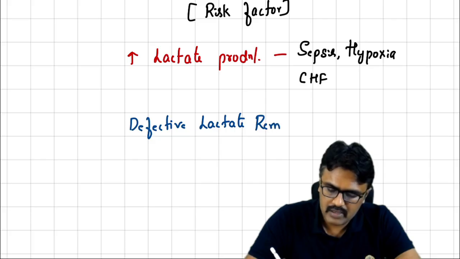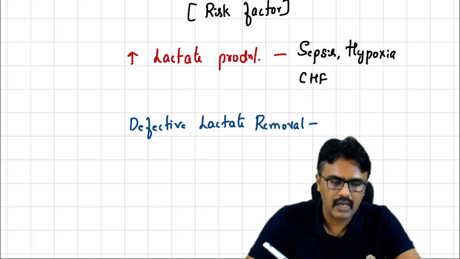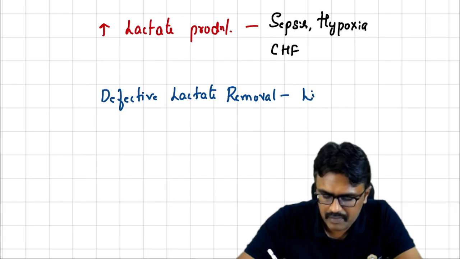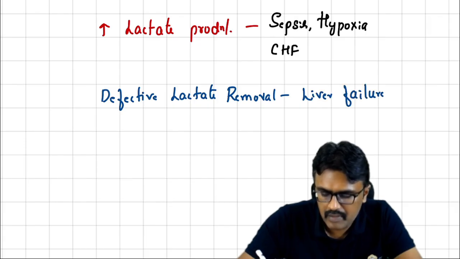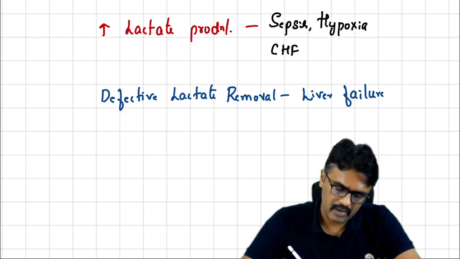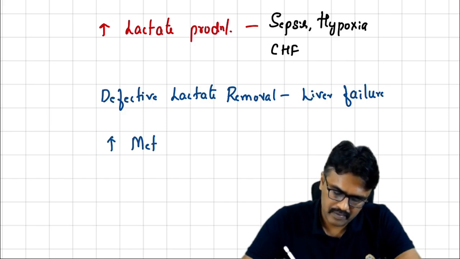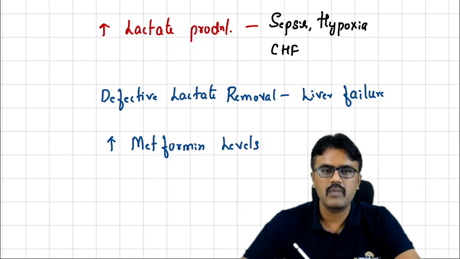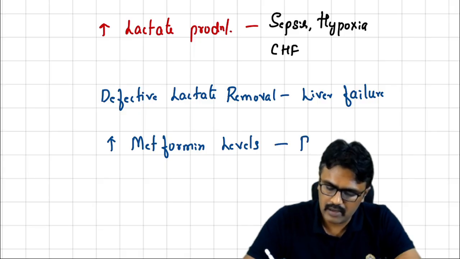Now, when does defective lactate removal occur? Whenever there is liver failure. Another issue is when there is an increase in metformin levels, which will also lead to lactic acidosis, and that is seen in renal failure.